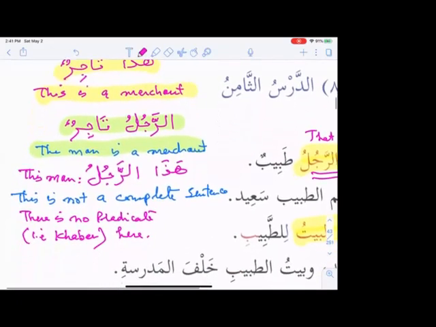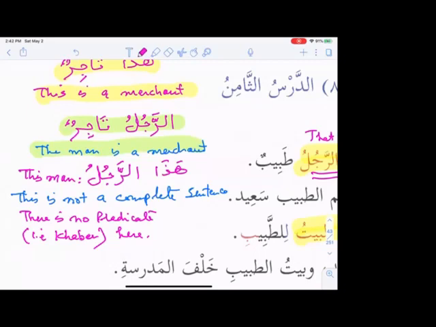Now, what Dr. Abdul Rahim is doing is combining this Hadha and Rajulu together. So he's saying Hadha Rajulu. He just combines Hadha and Rajulu together. What is the meaning of Hadha Rajulu? This man. That's it.